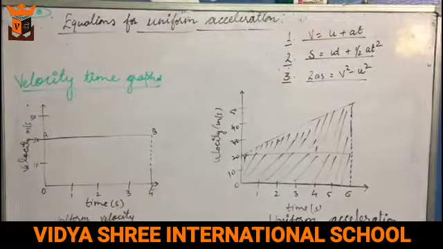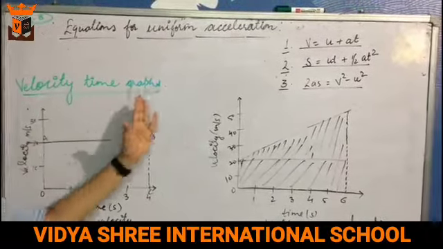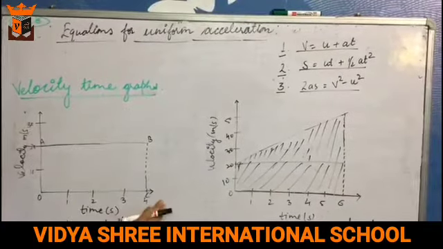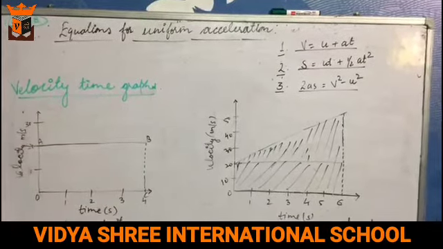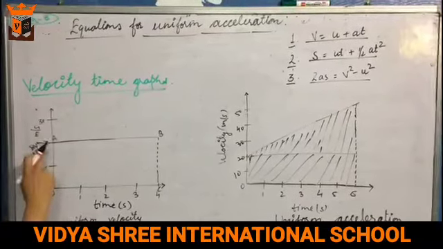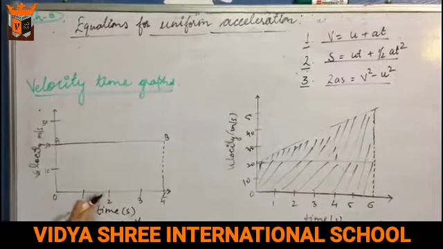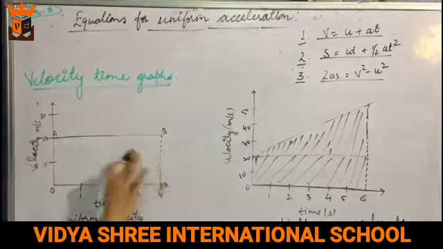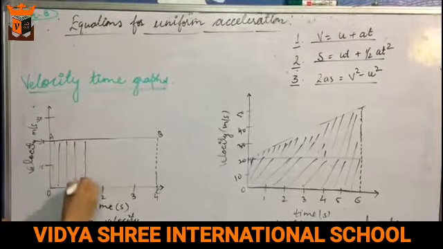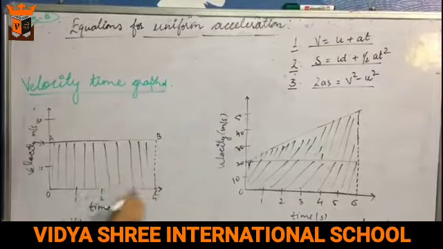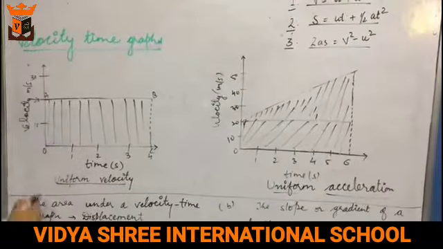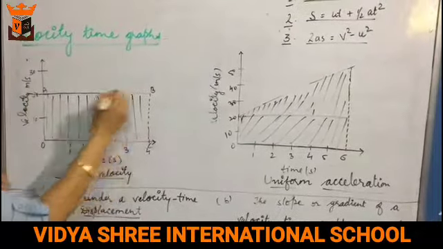Now graphical representations. Velocity time graph. If we plot a graph and take time on the x-axis and velocity on the y-axis, and this is quite uniform velocity, 20 meter per second in the first, second, third, fourth second, everywhere it is the same. So if I calculate the area under the velocity time graph, it will be the area of this rectangle.